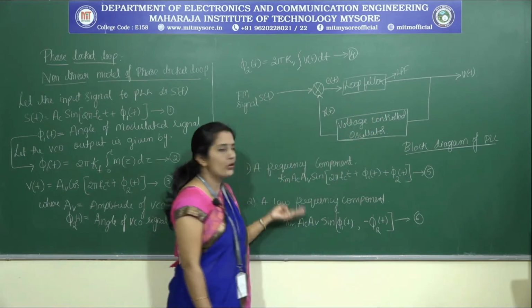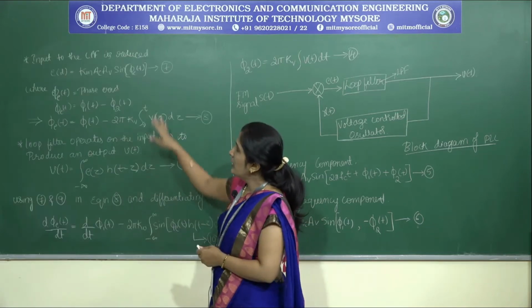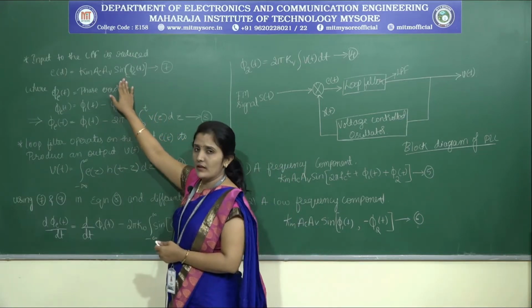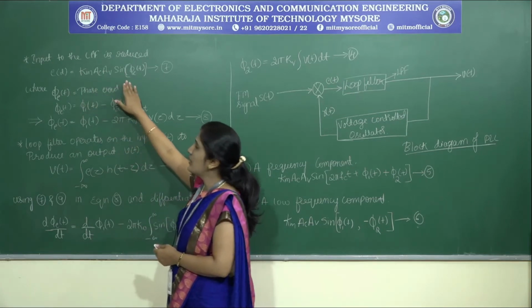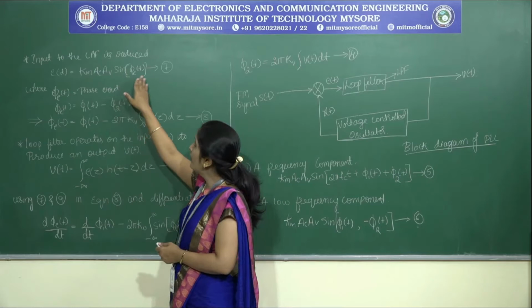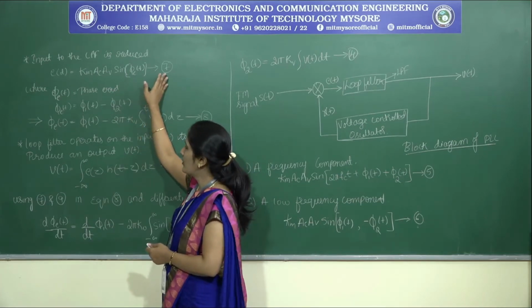Now we will see what happens to this particular component. The input to the low pass filter is reduced, that is, e(t) is equal to Km Ac Av sin(phi e of t). Let us consider this as equation 7.